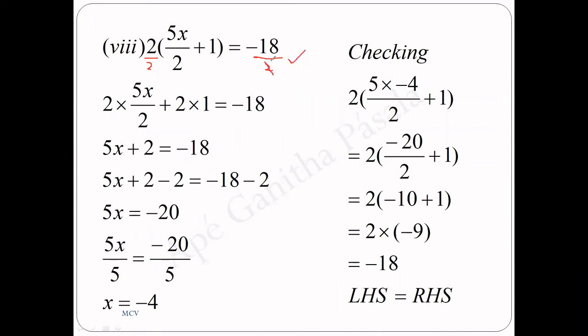Then you can write here minus 19, because there is only one combined term, no other terms outside of the bracket. Then you can cancel these two with these two and proceed. That method is also correct in this problem.